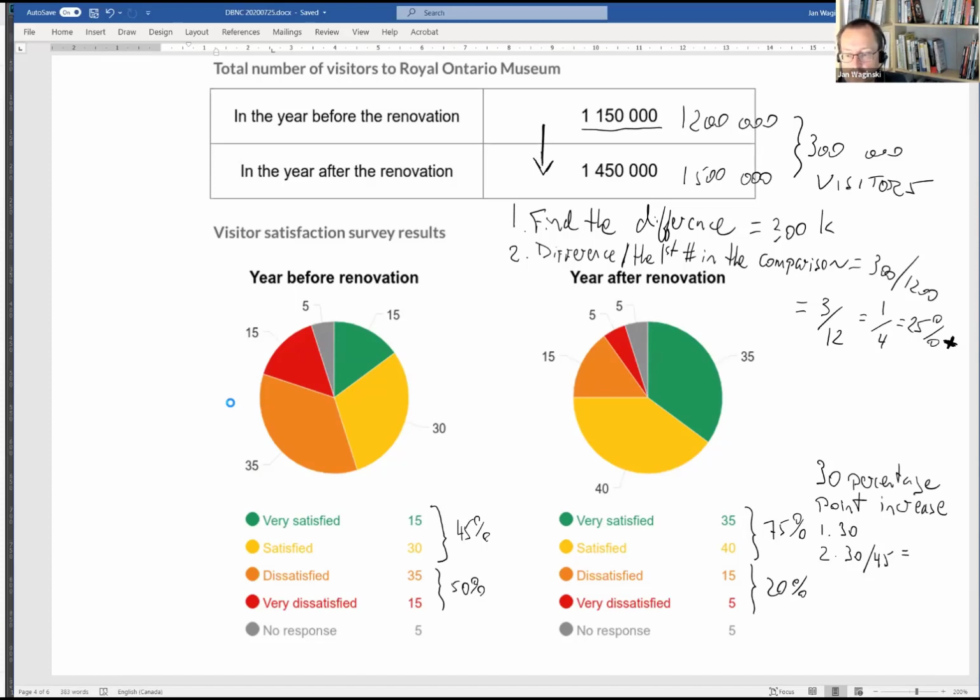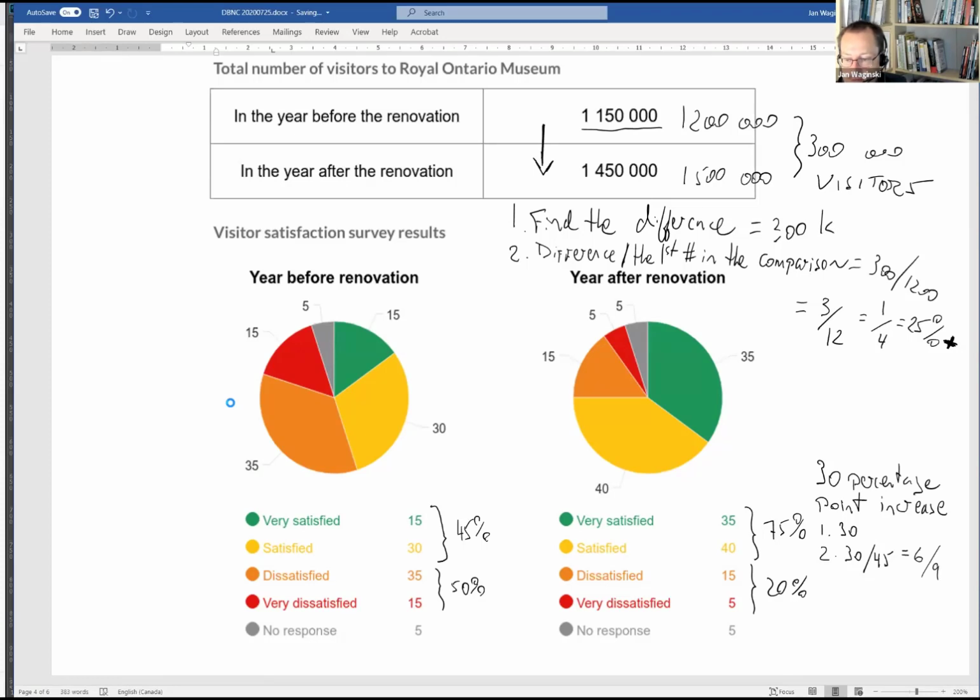30 divided by 5 is 6. And 45 divided by 5 is 9.